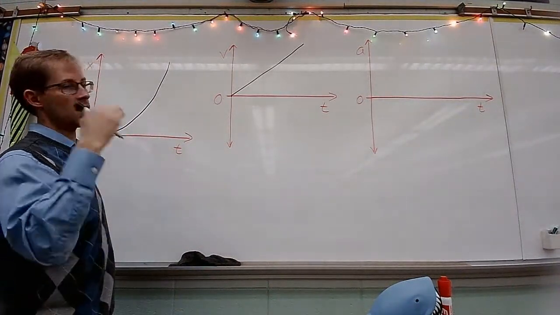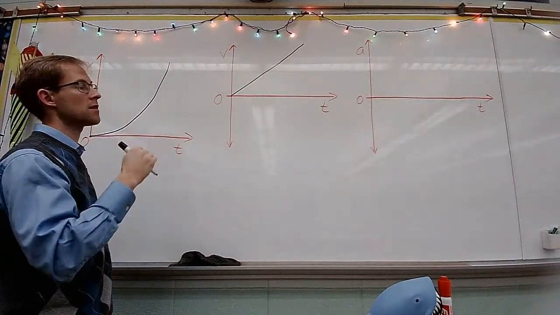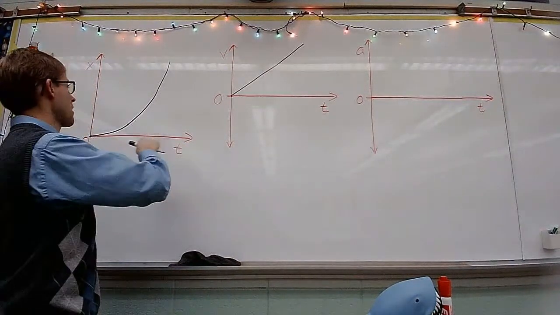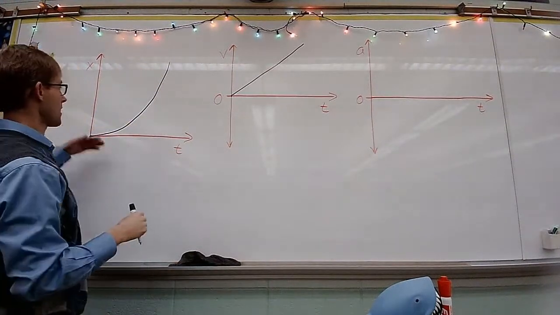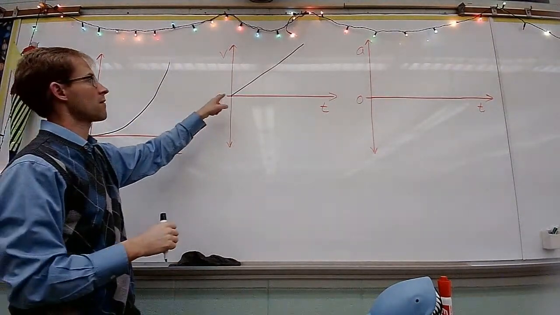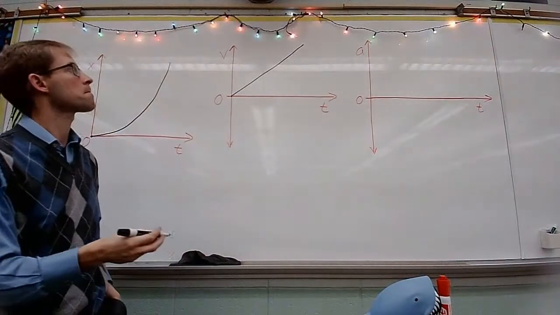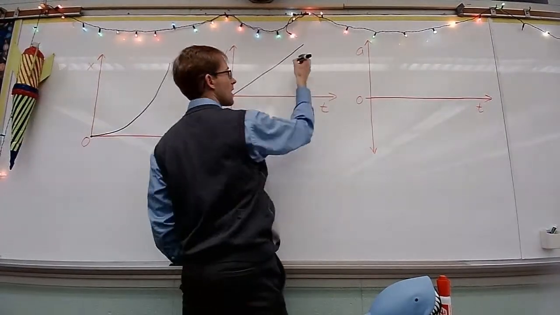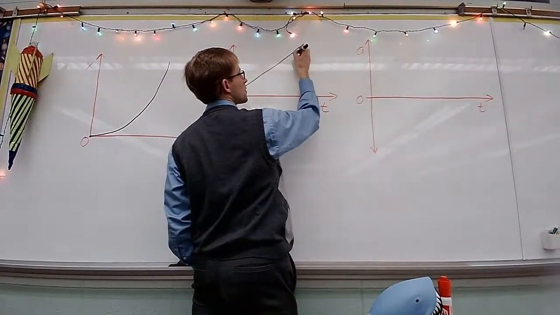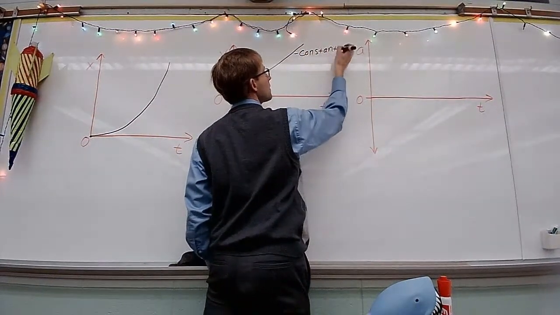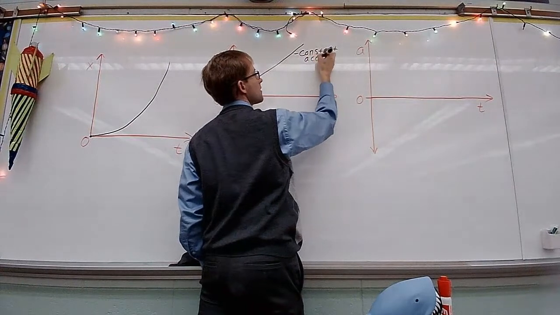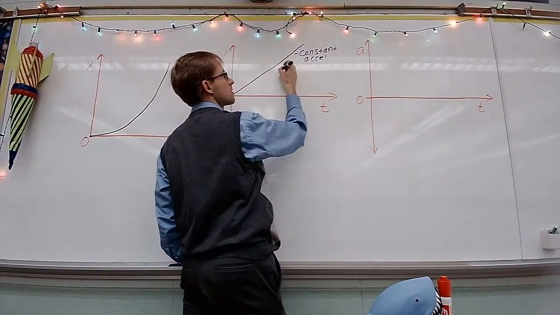You'd be doing that if you had changes in speed that were abrupt. Like if you were at rest for a while and then you started moving quickly. But because it's a gradual thing, our velocity is gradually increasing. So this would be, and we've written this once before already, a constant acceleration.